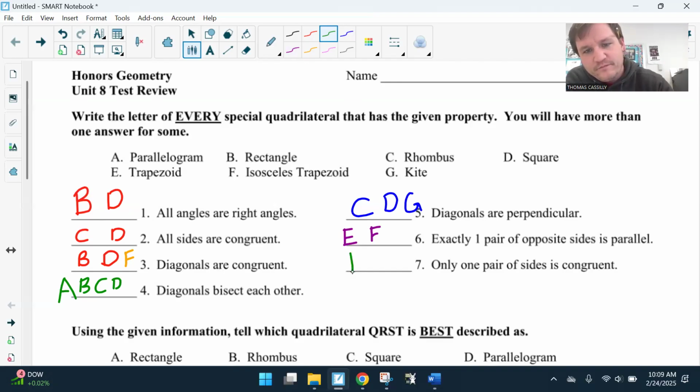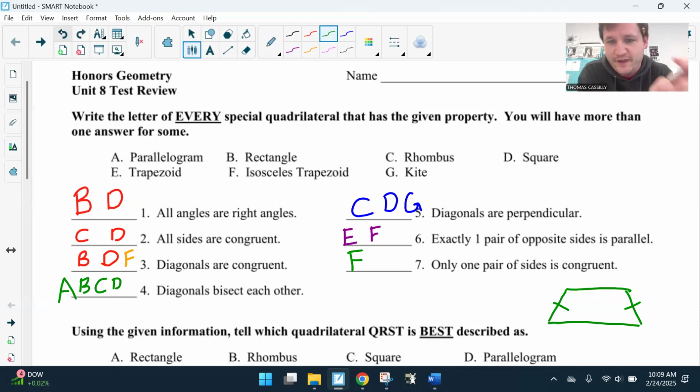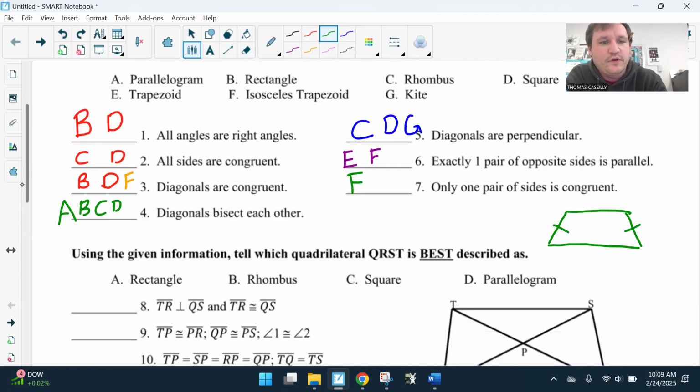Isosceles trapezoid. Sorry. So if I think about what that shape looks like, something like this, those two are congruent. The top and the bottom are not congruent. You could have the possibility where these 3 are congruent, but that's the explanation for that one. Only one pair is congruent.